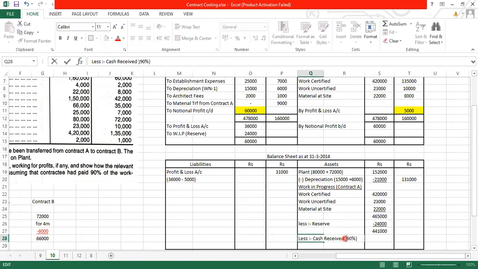See, in the adjustment they have given us na, it is a 90% of work certified. So 90% of 4,20,000. 3,78,000. This will be written in the outer column. The amount will be 63. ये कॉन्ट्रैक्ट ए के लिए किया. Any doubt till here?